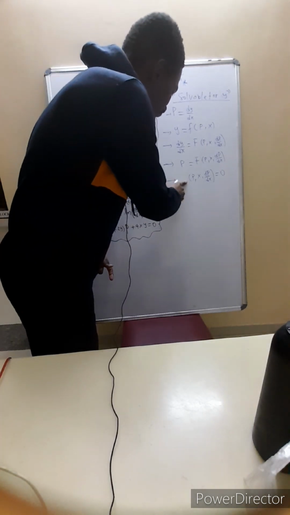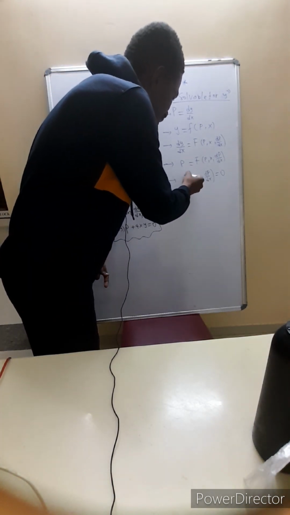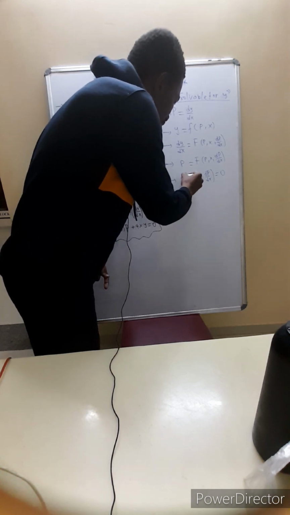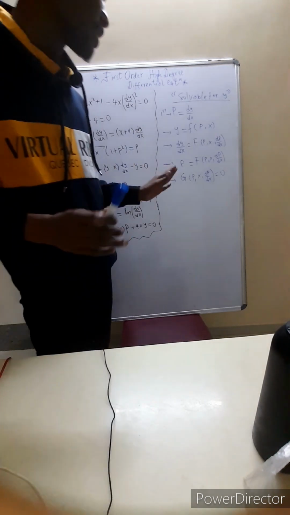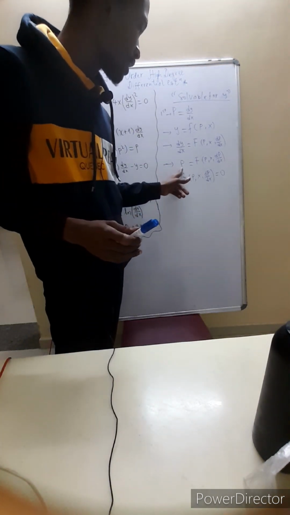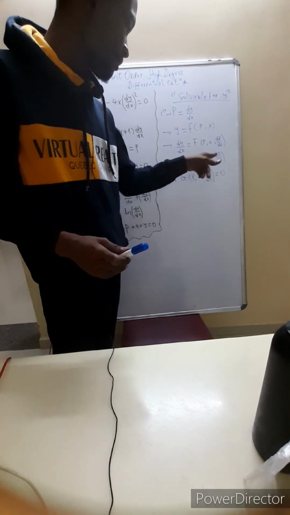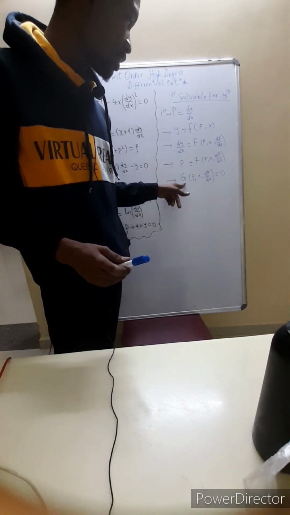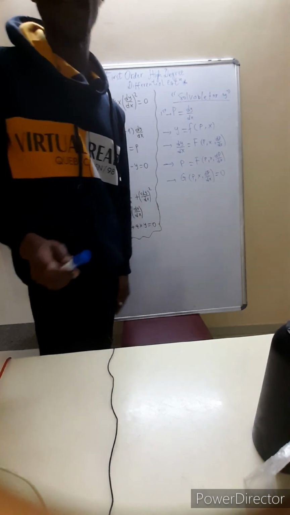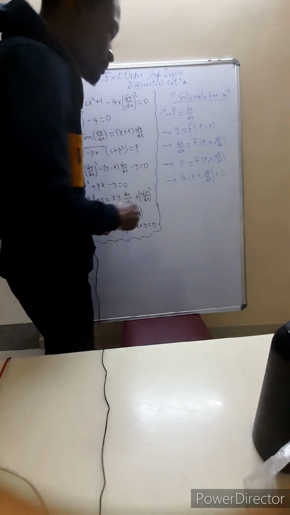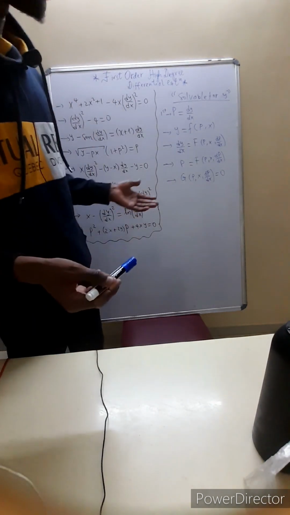I can call this f, or I can call it another function, like g of p, and so on. The most important thing is to know that whenever you send this to here, this will be 0, and now I'll have a function g depending on p, x, and dp by dx.